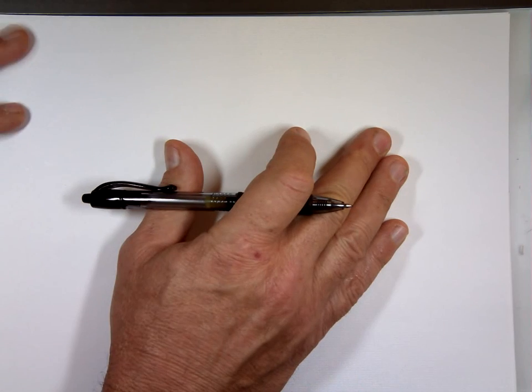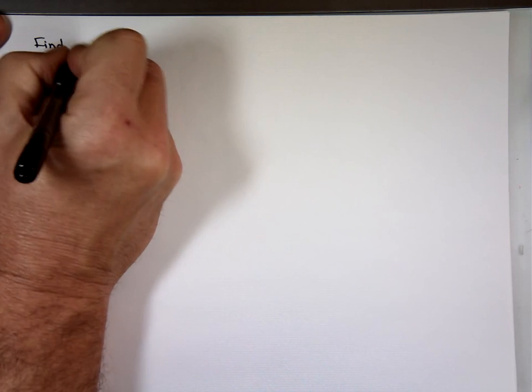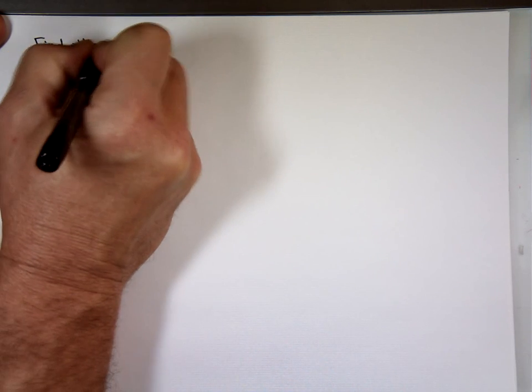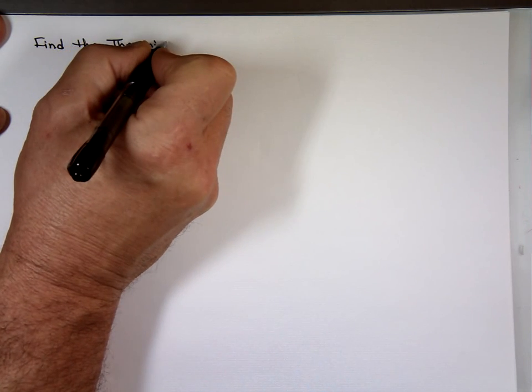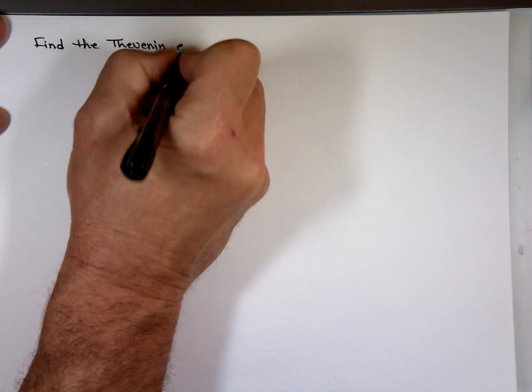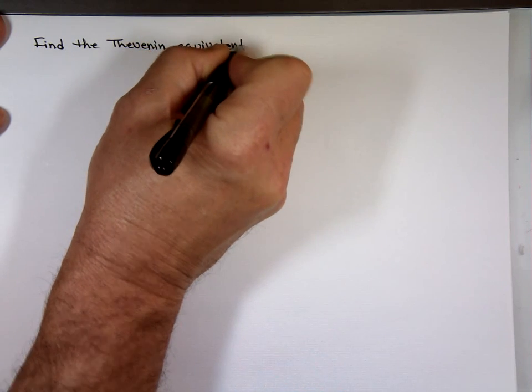Let's look at the third one. When you have dependent sources only, find the Thevenin equivalent of the circuit below.